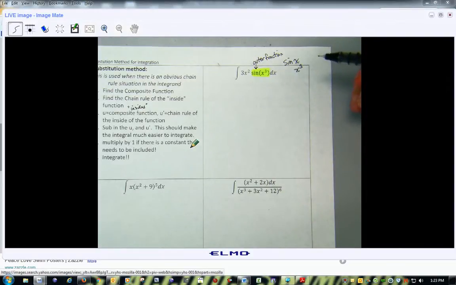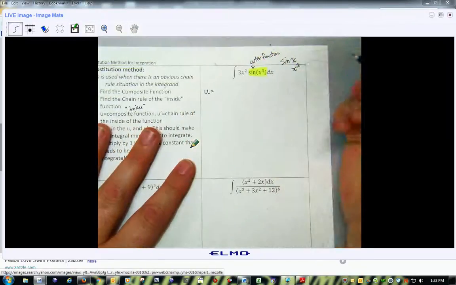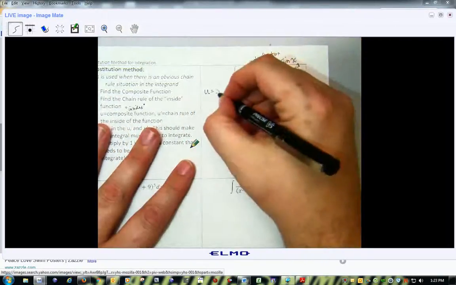Now, whatever we work through first is what we're going to substitute our u for. So u is going to be x cubed.